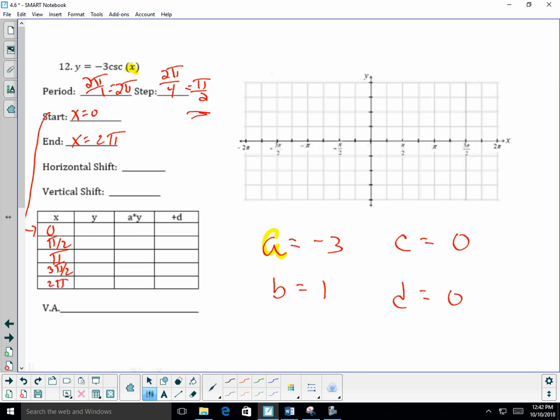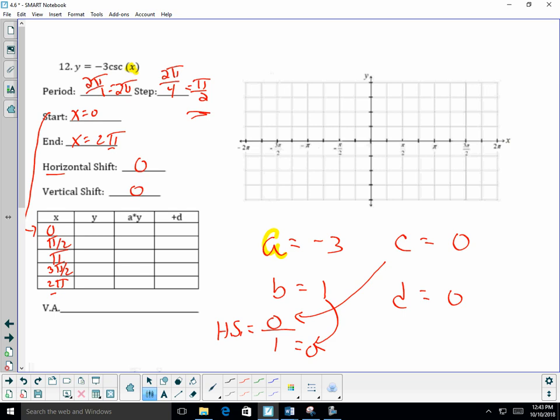I'm happy because my end matches my end. To find my horizontal shift, I take my C, which is 0, and divide it by my B, which is 1, and I end up with 0. My vertical shift is whatever I'm adding or subtracting on the outside. That also happens to be 0.